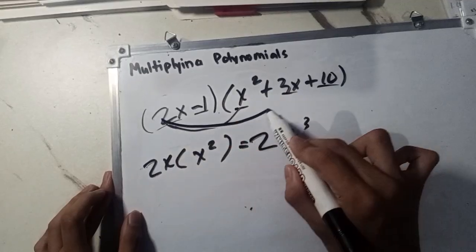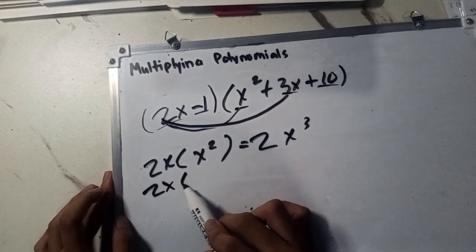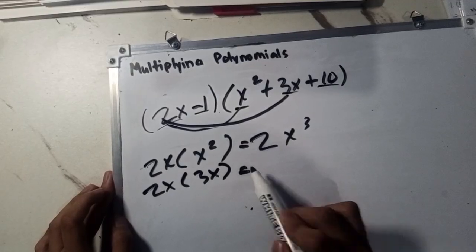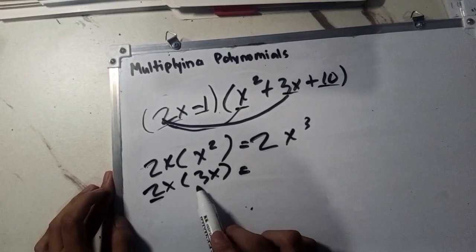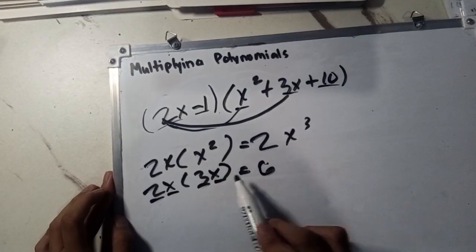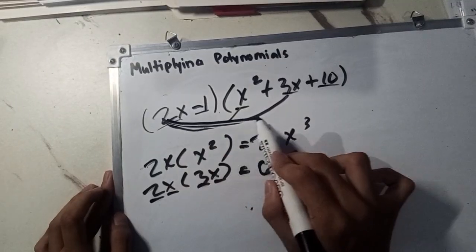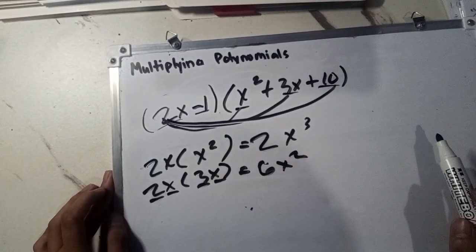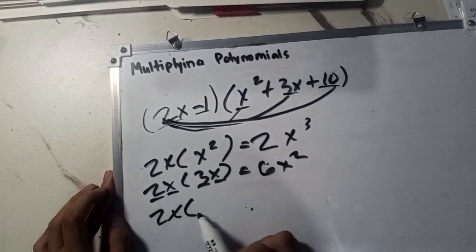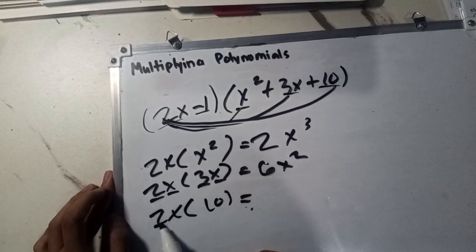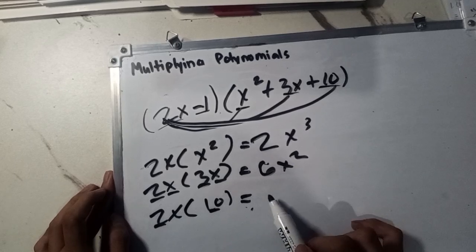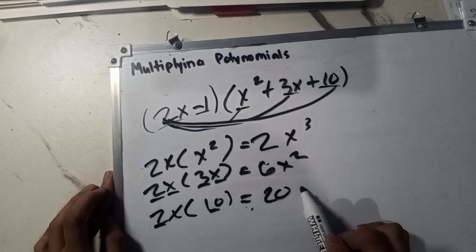Next, 2x times 3x. Okay, 2 times 3 is 6. Then x times x is x squared. Next, 2x times positive 10. Combine 10 and 2, we have 20. Then drop x.